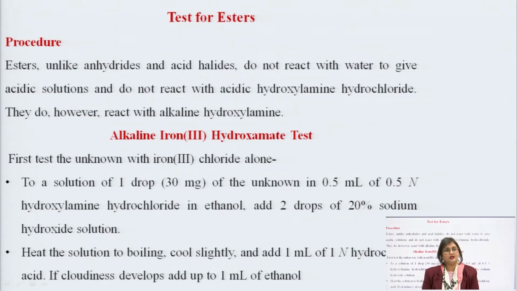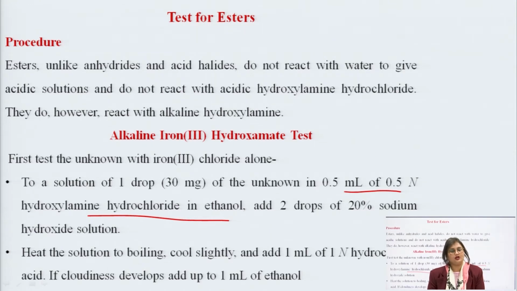First, the unknown is tested with iron chloride alone. To a solution of 1 drop, approximately 30 milligrams of unknown, in 0.5 ml of 0.5 normal hydroxylamine hydrochloride in ethanol is taken.